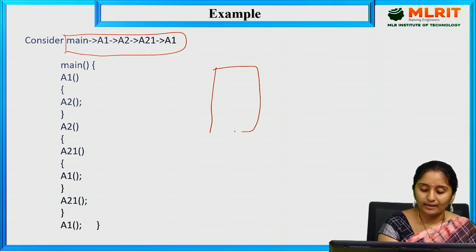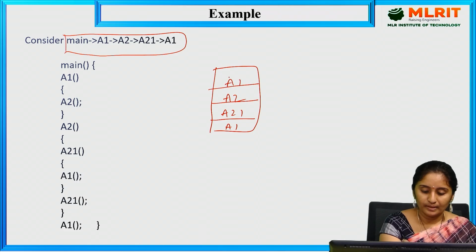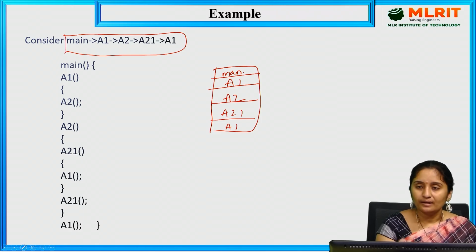The first one executing is A1, next A21, A2, A1, main. This is the procedure I have written in the stack.